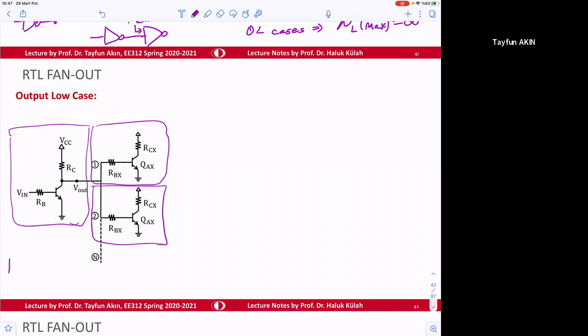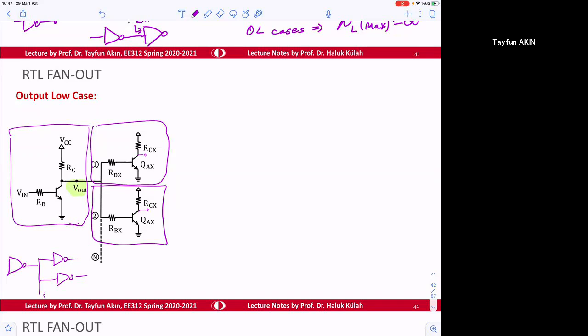So the idea is, when we connect one, there might be one more and one more. Is there a limit of connecting for output low case? When we say output low case, we are talking about this V out. Of course there are outputs also here and here, but that's the next gate.